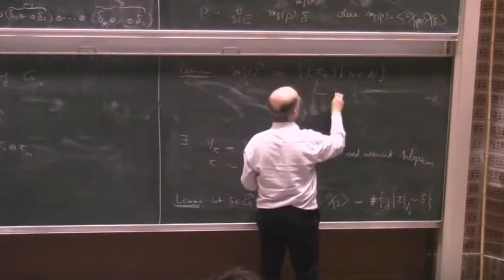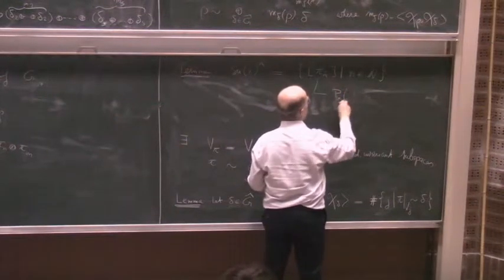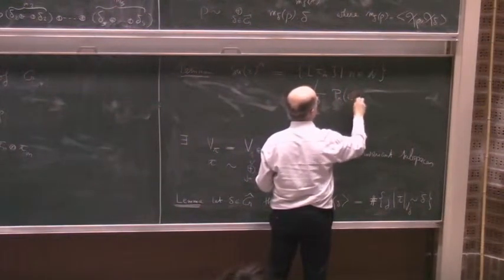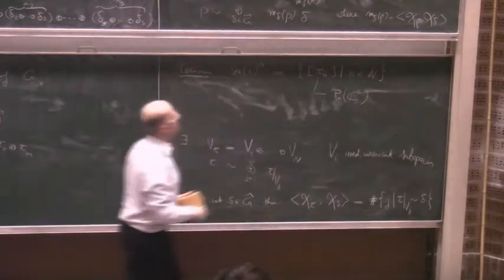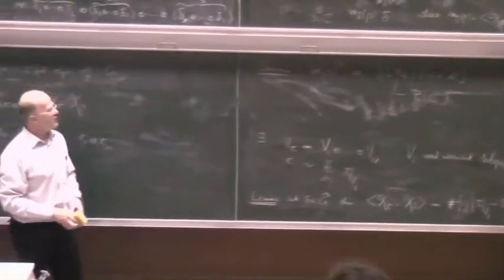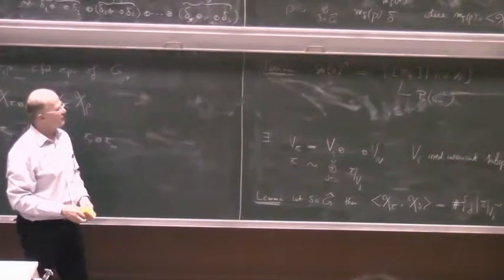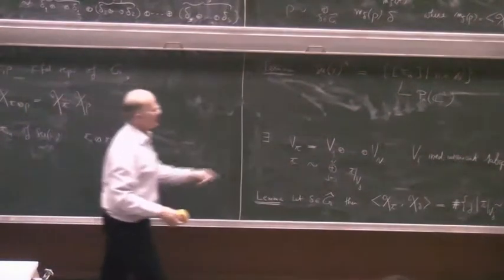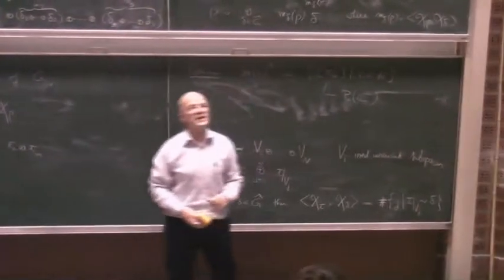These were the irreducible representations in the homogeneous polynomials in two variables that we constructed before. And the claim is that these are basically all irreducible representations.